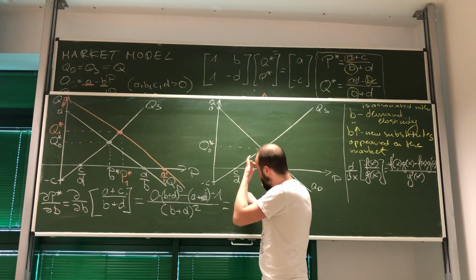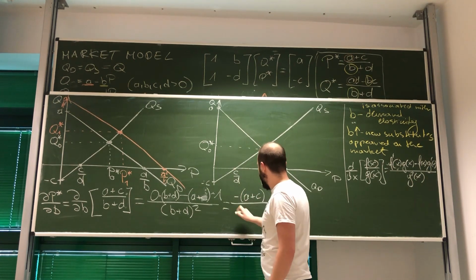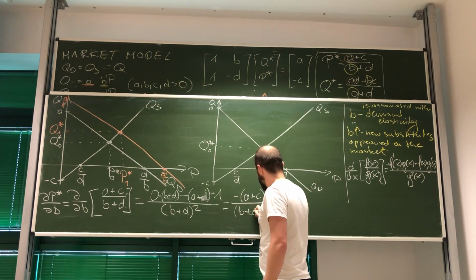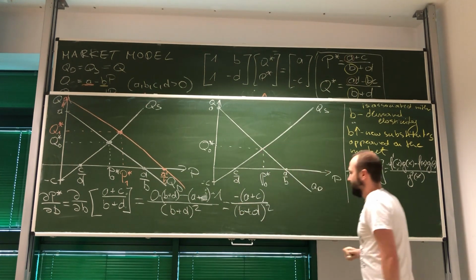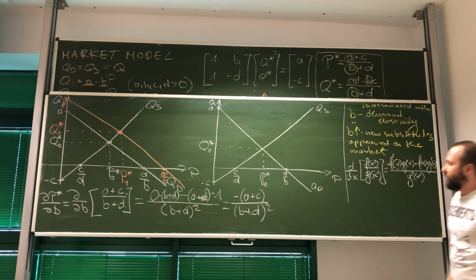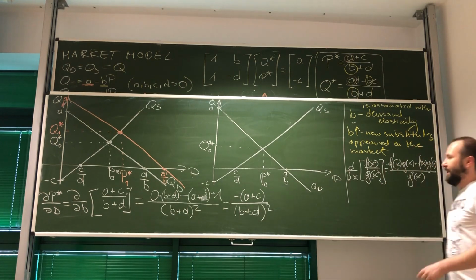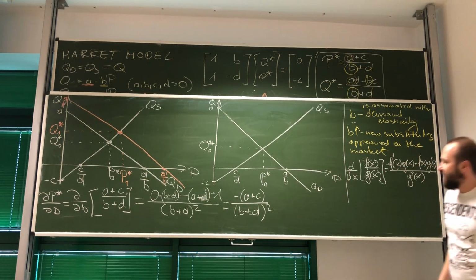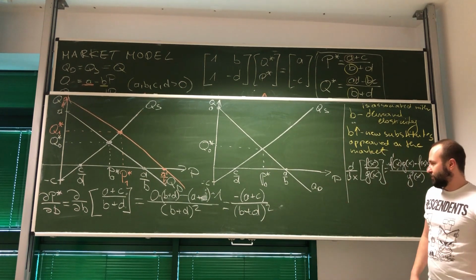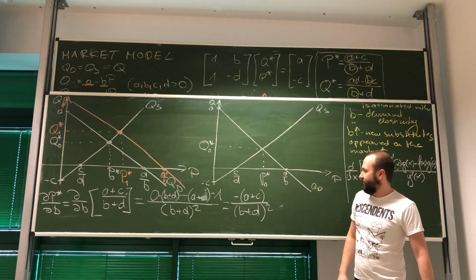Okay, so we get that this is negative a plus c over b plus d squared. Now, how much is it? Well, look, the expression in the bottom is definitely positive, right? And it's taken to the power of 2. A and c are also positive, so this is positive.